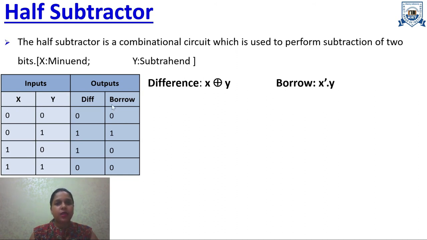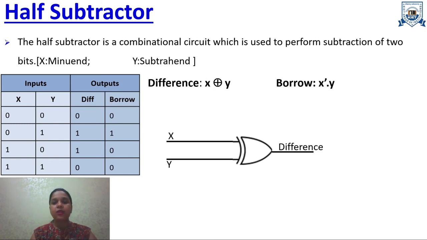Next is borrow. Corresponding to 1, there is only 1. So corresponding to this one, it is simply X bar dot Y. So it is written over here. So very simply we got to know what the Boolean functions are for difference and borrow.